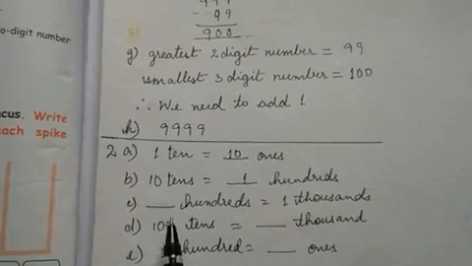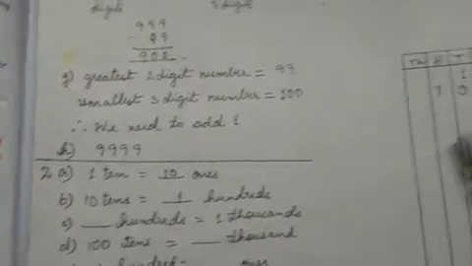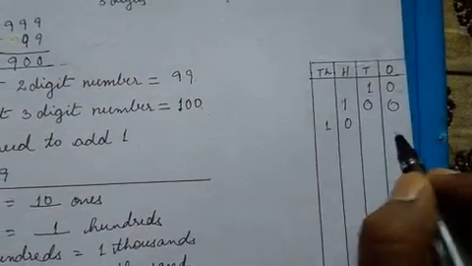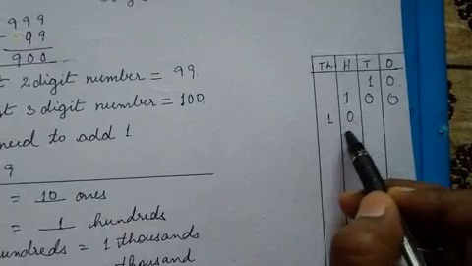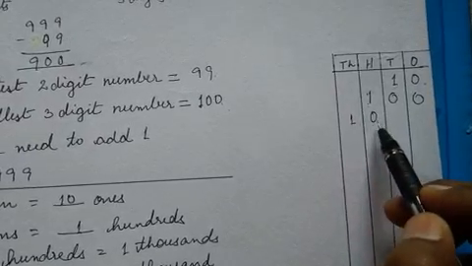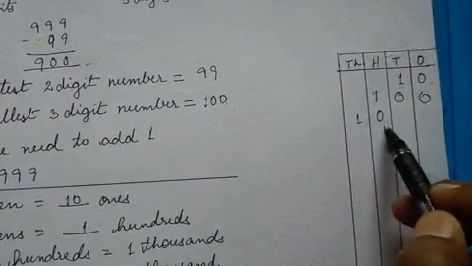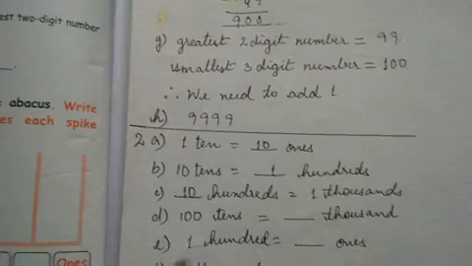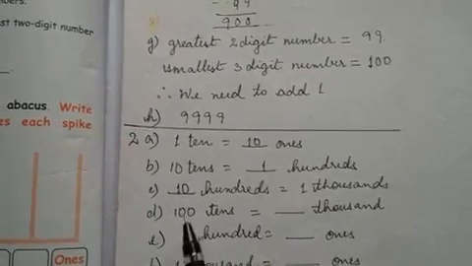Now, how many hundreds is 1000? If we write 1000, from the hundreds place this becomes 10. So 10 hundreds becomes 1000. Now 100 tens.